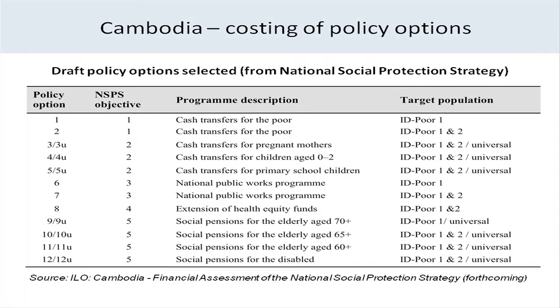And in Cambodia, there is a targeting mechanism already in place. So this facilitates the implementation of targeted programs. It's called ID Poor in Cambodia. And the coverage is almost complete, yeah? So the identification of the poor in rural districts is almost complete in Cambodia.